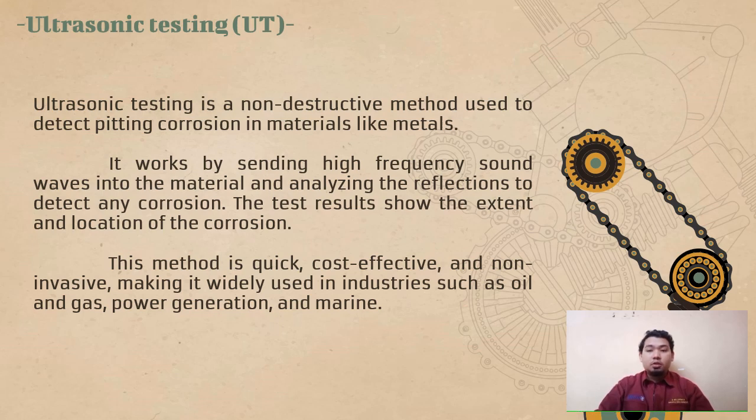The test result shows the extent and location of the corrosion. This method is quite cost-effective and non-invasive, making it widely used in industries such as oil and gas, power generation, and marine.